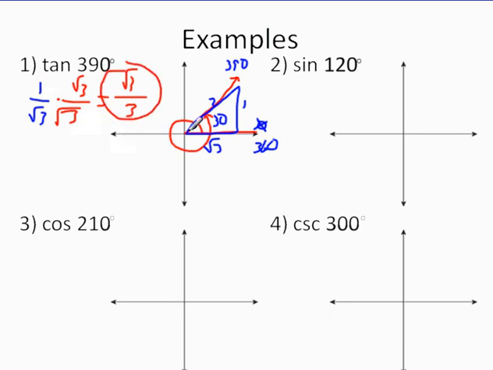That's it. We can also check our answer. This is quadrant 1. Everything in quadrant 1 is positive, so it should be a positive value as an answer, which we got. So that concludes the video for today. Like I said, try these other examples on your own, and then we'll go through them in class tomorrow.